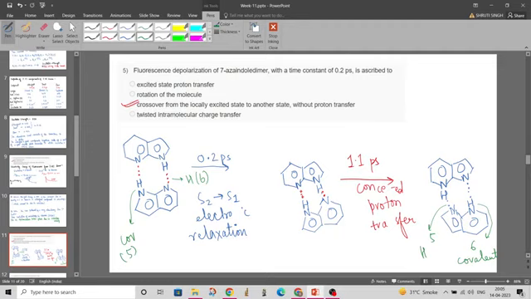Okay, so this answers the 5th question: the ultrafast component was due to this crossover.